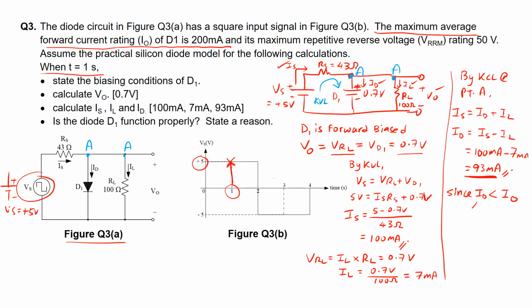This ID here is 93 milliamps, and the I naught, the maximum average forward current rating, is 200 milliamps. Therefore the diode D1 is still functioning properly. So that's for question 3 here.